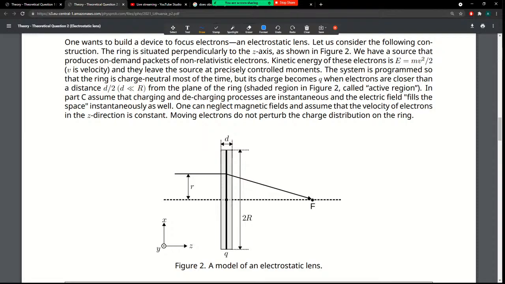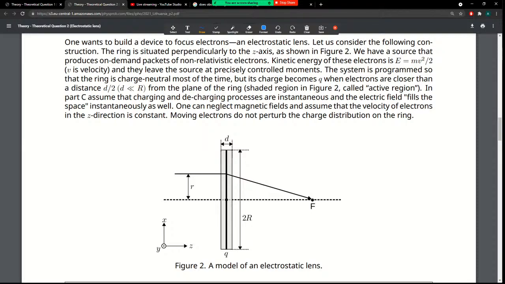The system is programmed so that the ring is charge neutral most of the time, but its charge becomes q when the electrons are closer than distance d over 2 from the plane of the ring, shaded in figure 2 and called the active region.